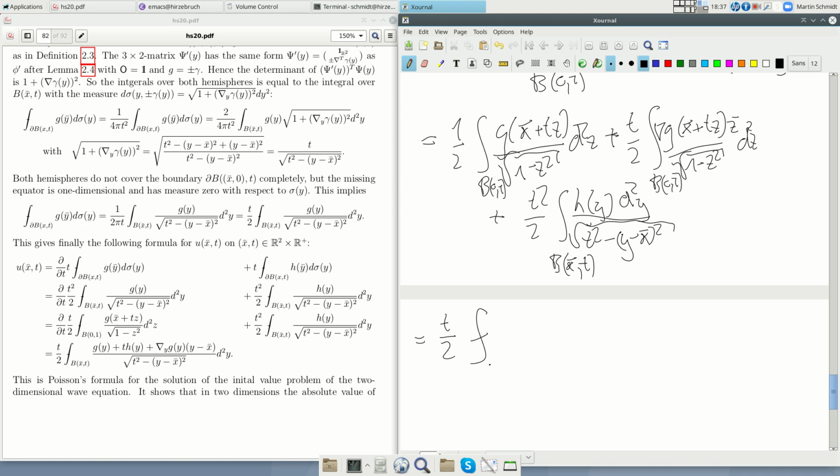And then we have this ball x, t, and of course now we combine this term and this term, and then we have g of y plus, here we have an extra power of t times h of y, the whole thing d square y, and here square root of t square minus y minus x bar square.